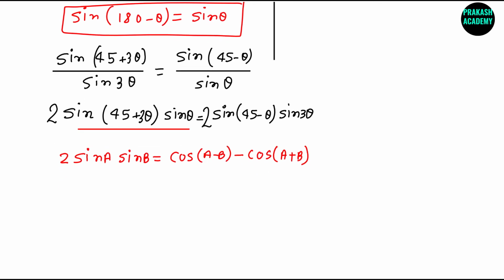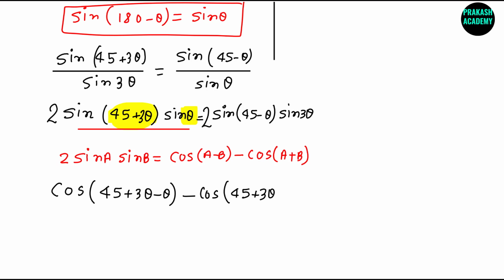So if I use this identity, in this case this is A and this is B. So I will write cos A minus B, that is 45 plus 3 theta minus theta, minus cos A plus B, that is 45 plus 3 theta plus theta.